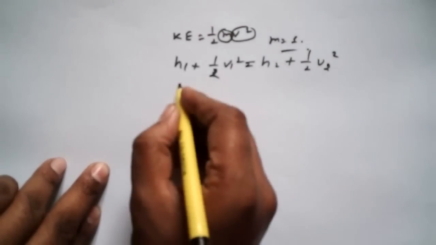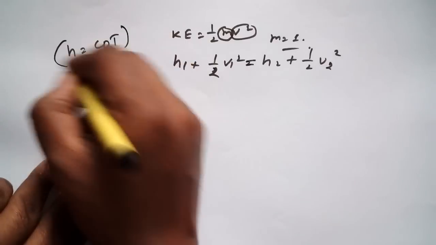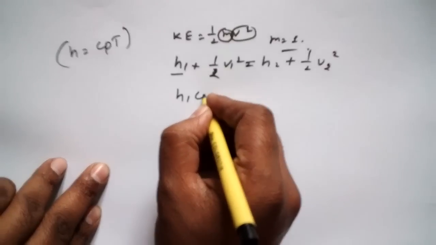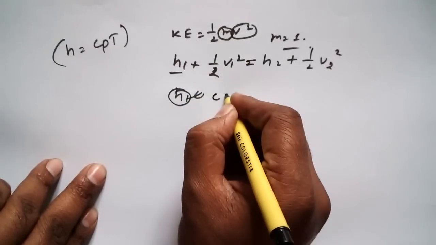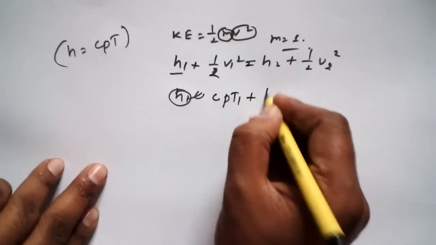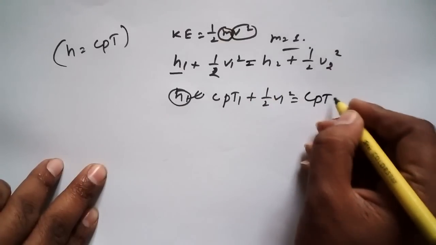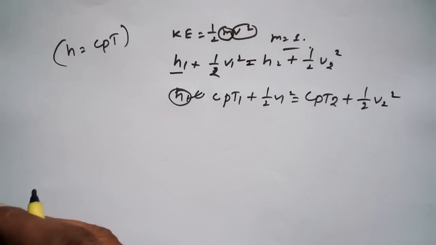We know again h is equal to cpT. So in this case h1 is equal to cpT1 plus half v1 square, h2 is equal to cpT2 plus half v2 square.